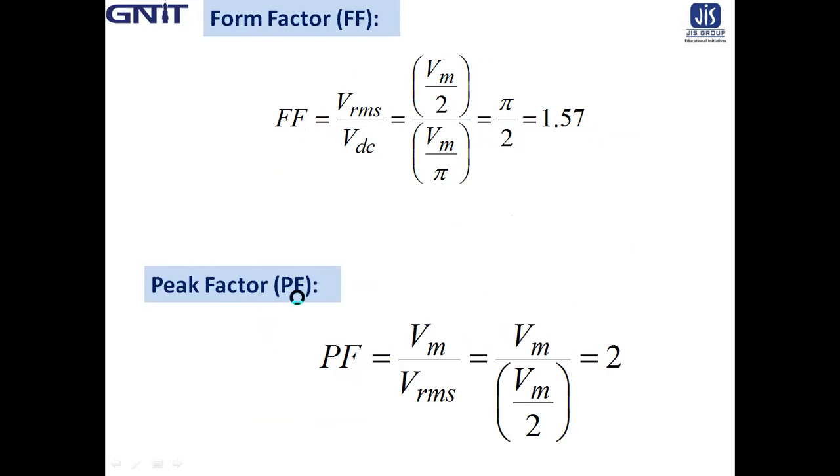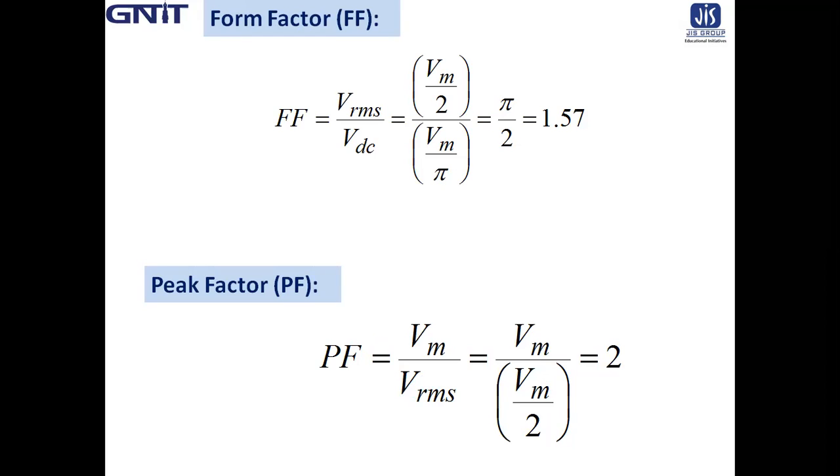And peak factor is the ratio of peak value to the RMS value of the voltage, that is Vm by VRMS. We know VRMS is Vm by 2, and the peak factor for half wave rectifier is 2.